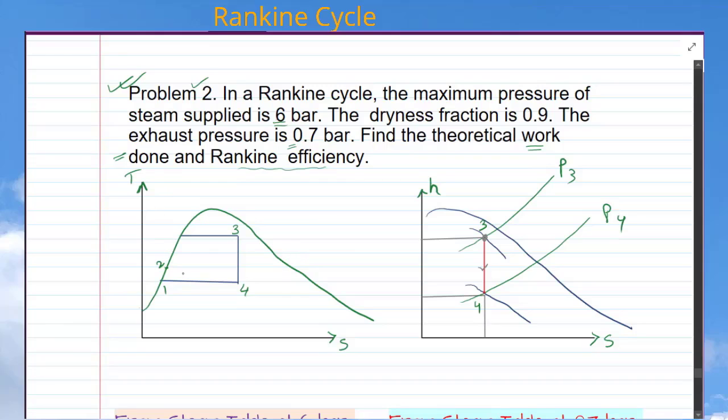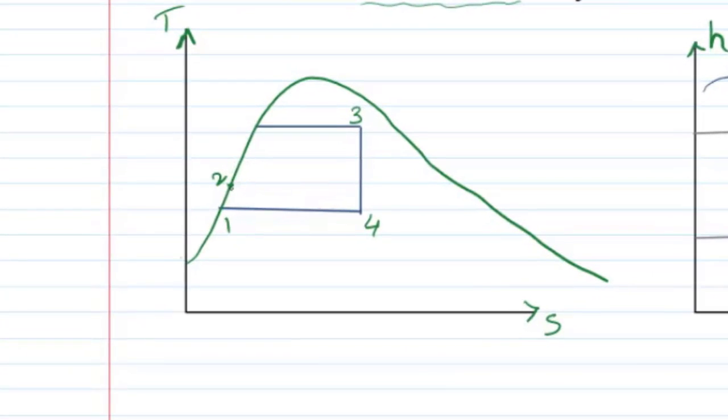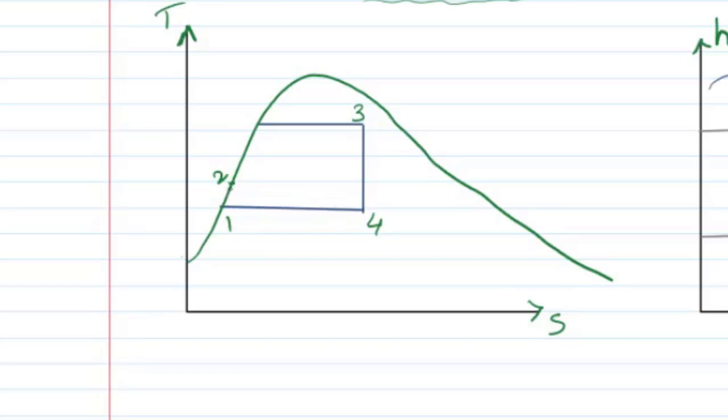From the T-S and H-S diagram, we consider that 1-2 is the pumping process, and from 1 to 3 is the heat addition, that is Q in the boiler.